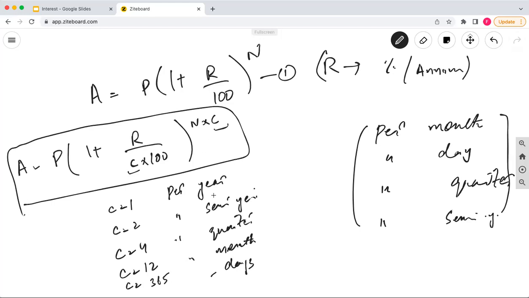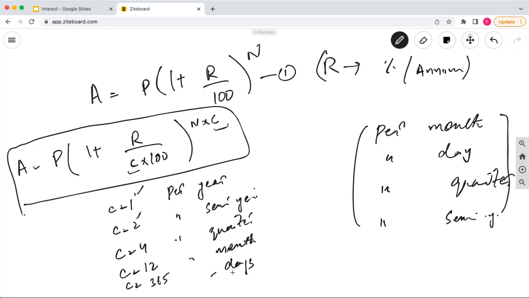If the investment is compounded per year, C is equal to 1. Compounded semi-yearly, C is equal to 2, because we are dividing the whole year into 2 parts, 6 months and 6 months. For quarter, C is equal to 4, dividing into 3 months each. For months, there are 12 months, so C is equal to 12.